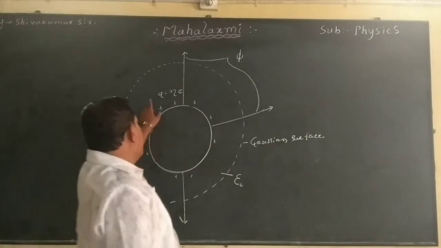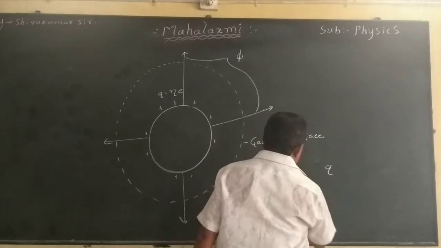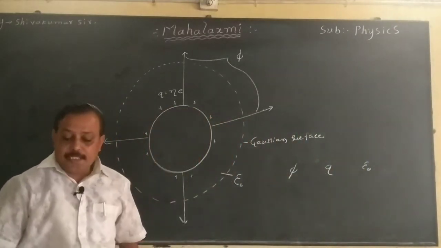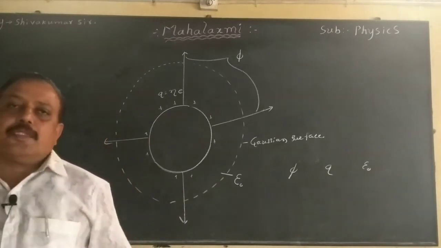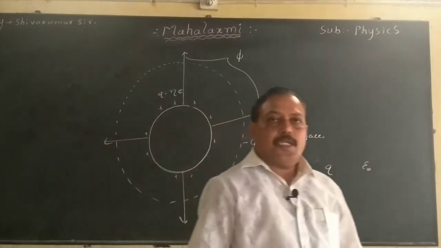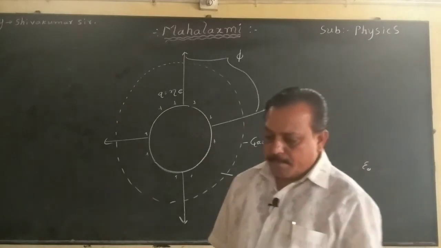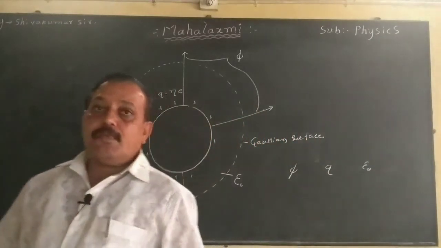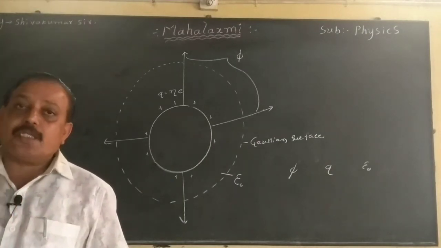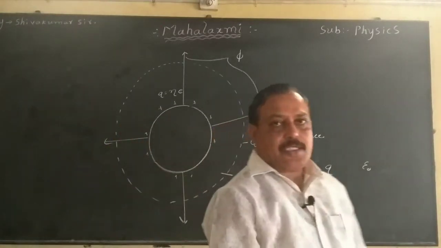By using these three concepts, charge, electric flux and epsilon naught, he framed the law, and that law is called Gauss theorem or Gauss law. This is considered the basic law of electrostatics. From the Gauss theorem we can arrive at Coulomb's law, but from Coulomb's law we never arrive at the Gauss theorem. Hence, Gauss theorem is considered a basic law in electrostatics.